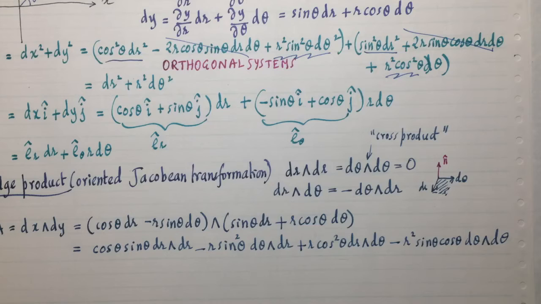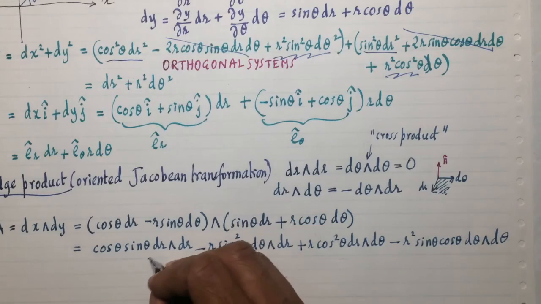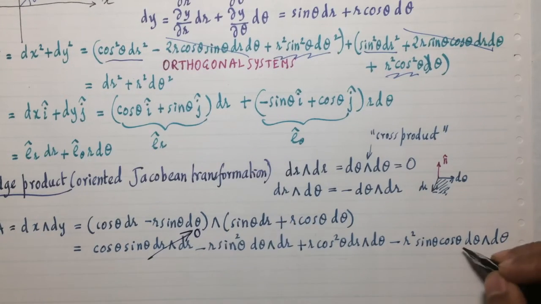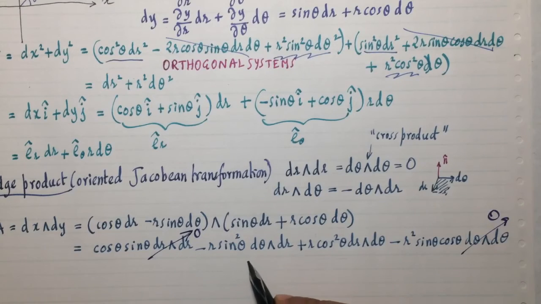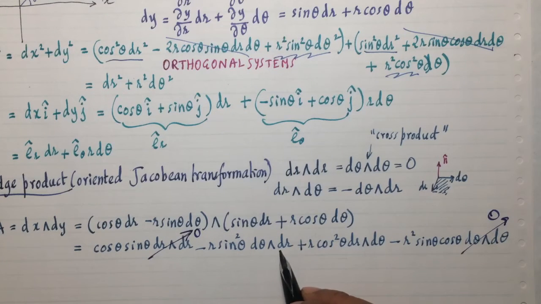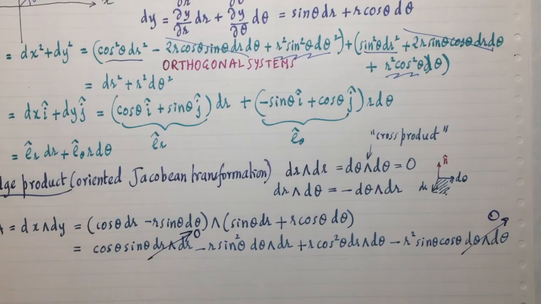Well, as I remarked before, dr wedge dr is 0, d theta wedge d theta is 0, and then these two terms will just arrange themselves to give opposite of each other. So that's going to be dr wedge d theta. Let's agree to put r before theta. That's going to bring a negative sign here, and that negative sign is going to disappear.